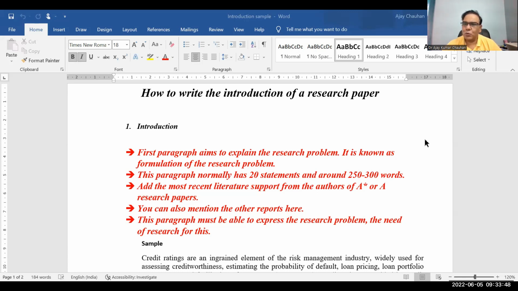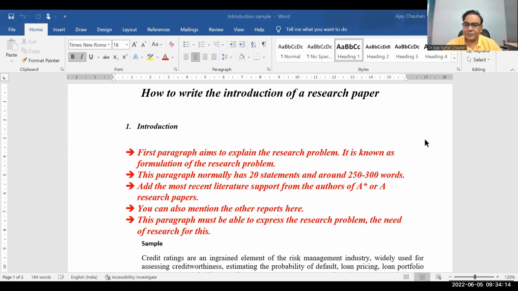So first of all, we try to understand the research problem of a research paper. And the research problem should be written in such a way that it seems to be important, necessary, relevant, contemporary, and research is required to solve that problem.